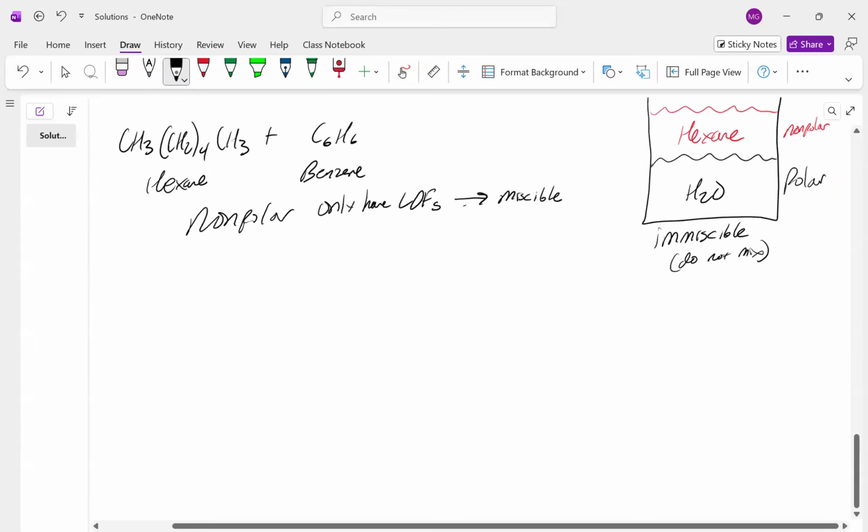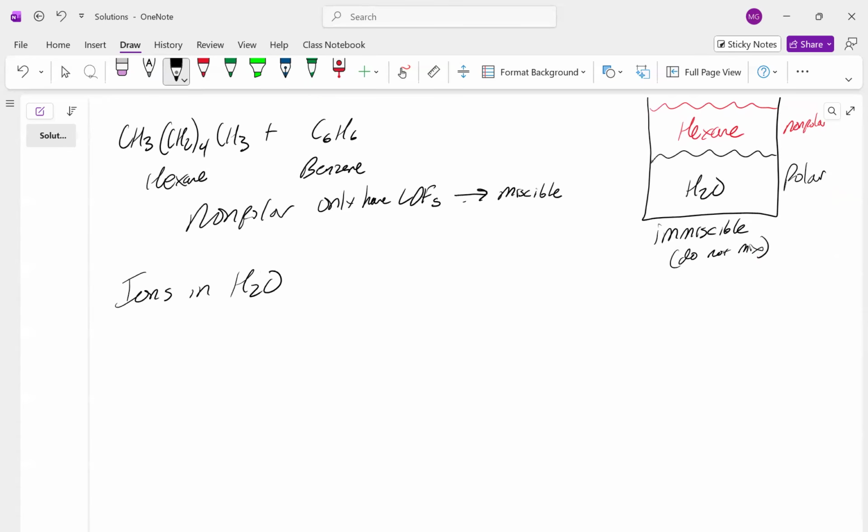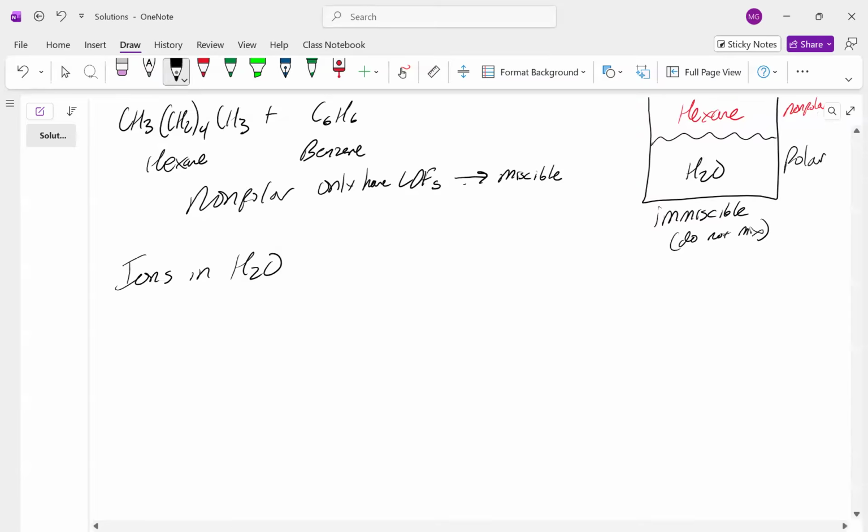Now, one more example of this is why ions are so soluble in water. So, for example, let's take table salt, sodium chloride. It's really, really soluble in water. Eventually, it does get to a point where you can't dissolve anymore, but you have to add a lot of table salt to water to get it to not dissolve.